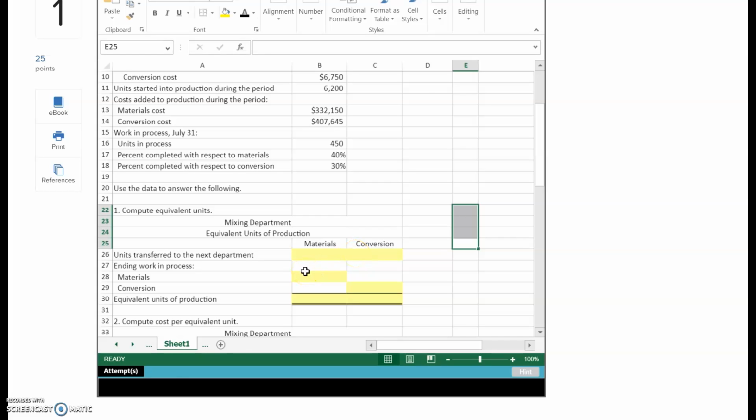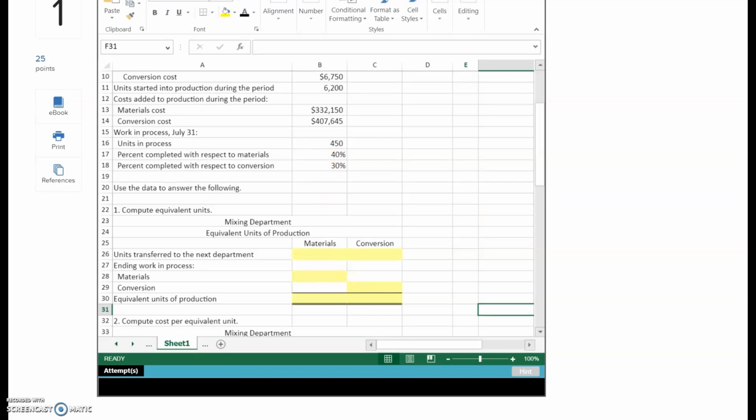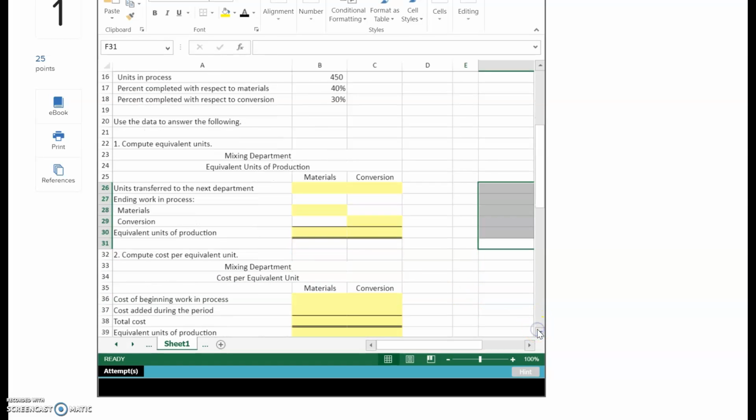For the ending work in process, you're only going to show the equivalent units. So they tell you how many units are in process. You're going to then multiply it by the percent completion to get the equivalent units, okay? And then you're going to have to build a formula, right? It has to be equal click plus click. You can't type it in, right?